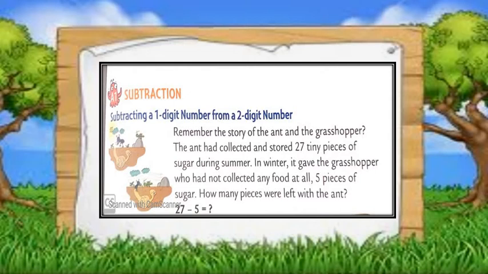How can we find out? We want to find out the leftover thing, which means we have to make subtraction. 27 minus 5 is equal to what?